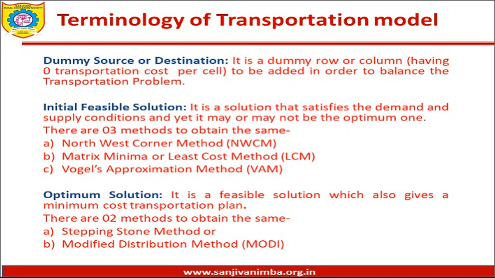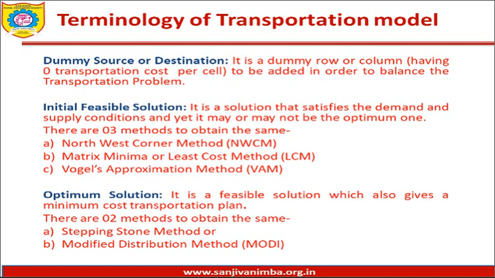So if we find that there is some transportation table which is not balanced, in that case we have to make that table balanced with the help of adding either a dummy row or a dummy column. Then what is a dummy row or dummy column? A dummy row or dummy column is nothing but a row or column having zero transportation cost but which will give you the additional demand or supply units to balance your total transportation table.